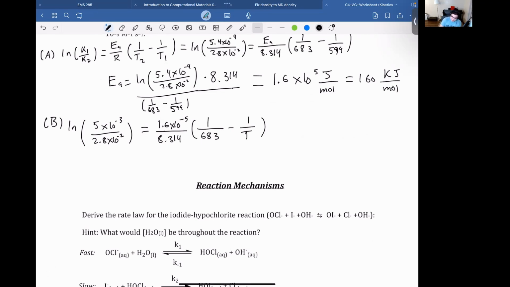So solving for T here, you can multiply both sides by the reciprocal of 1.6 times 10 to the negative fifth over 8.314. So this is times 8.314 over 1.6 times 10 to the negative fifth.